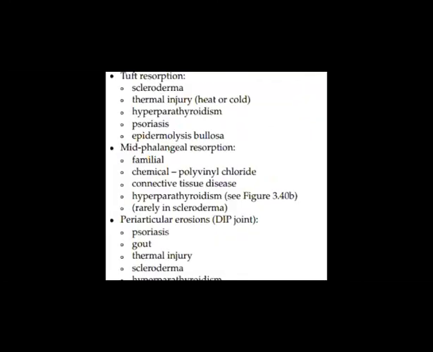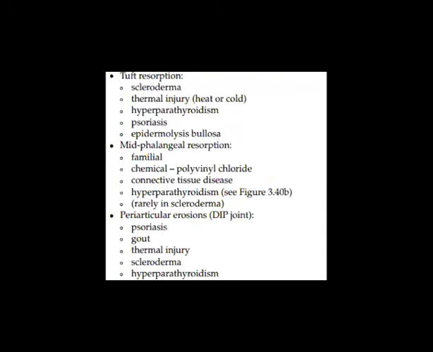You can see that you have a very good list of causes that make acroosteolysis, including what makes the tuft resorption, like scleroderma, and the most common one. It can be thermal injury, hyperparathyroidism, psoriasis, midphalangeal resorption, and periarticular erosions. And you can see that scleroderma again. Okay.